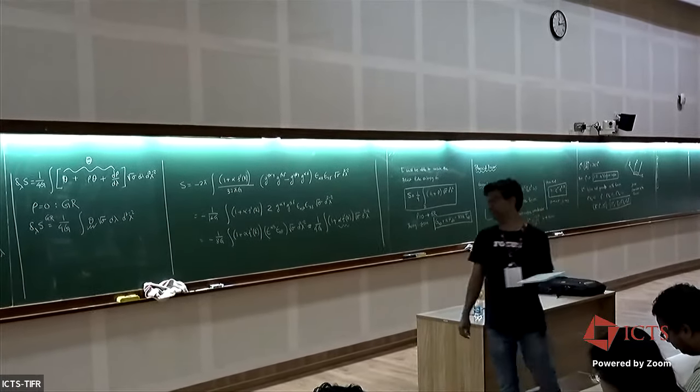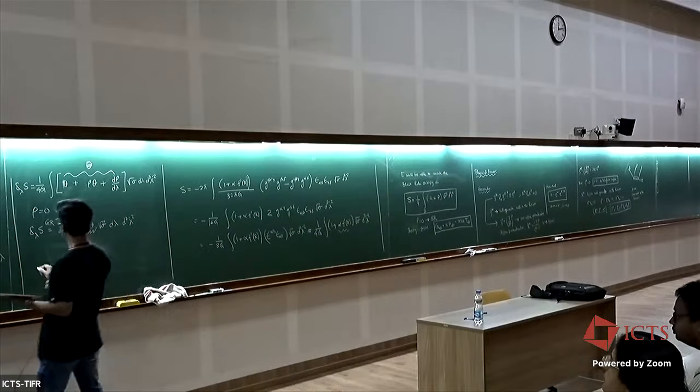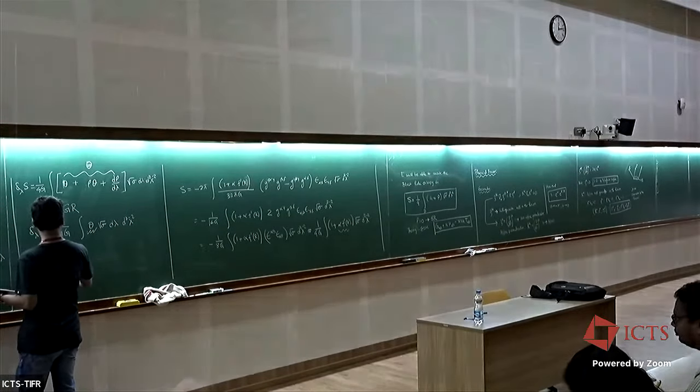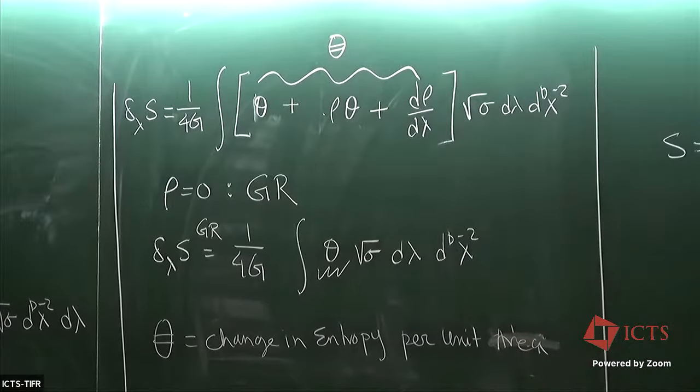But you can still call it the change in entropy per unit area. If it is GR, entropy is proportional to the area, and you go back to your geometric expansion. Otherwise, this is some object, capital Theta, which has nothing to do with geometry, but it has a thermodynamic meaning, if we believe that entropy and everything are serious objects.